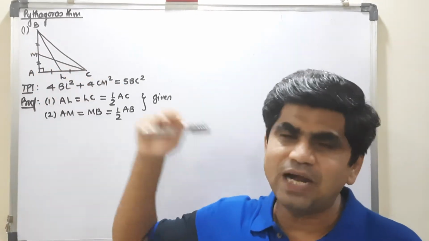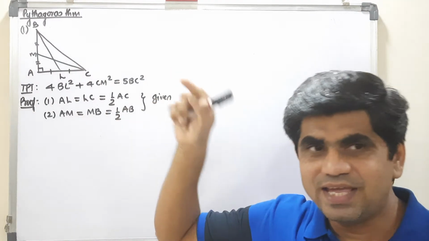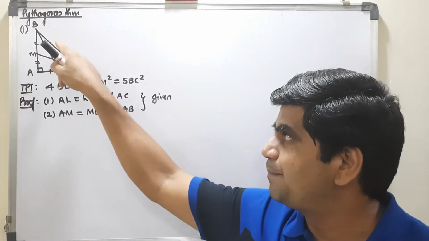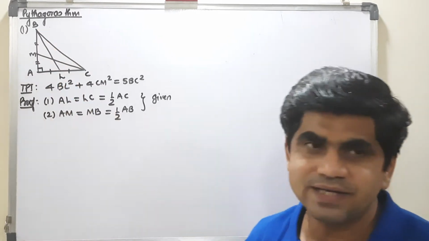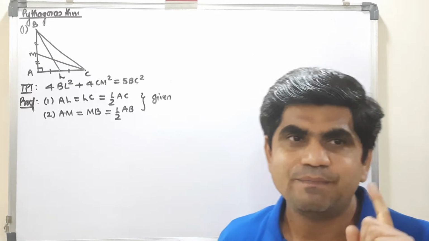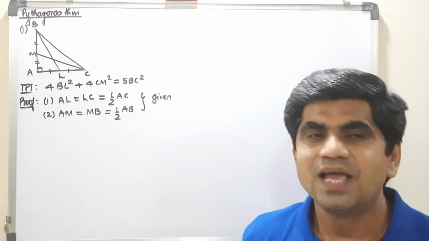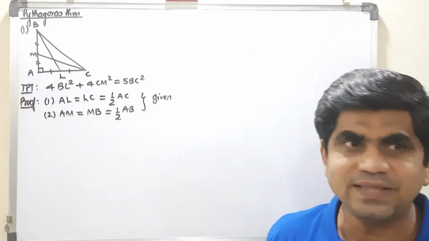But that particular thing will be difficult here. If you see, this BL is acting as a hypotenuse for triangle BAL, right? That means it is a right angle triangle, and if it is a right angle triangle, then to get square I can apply Pythagoras.